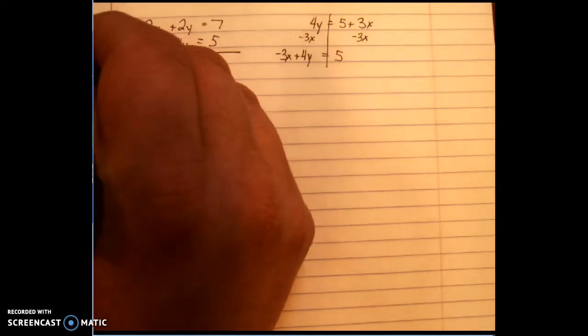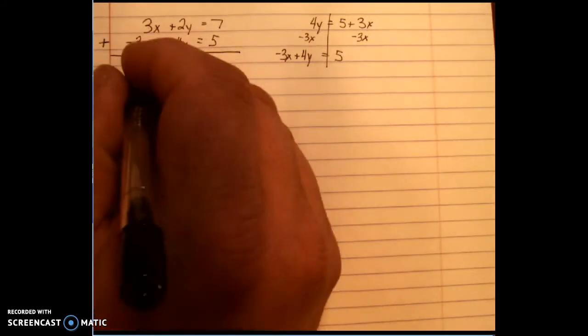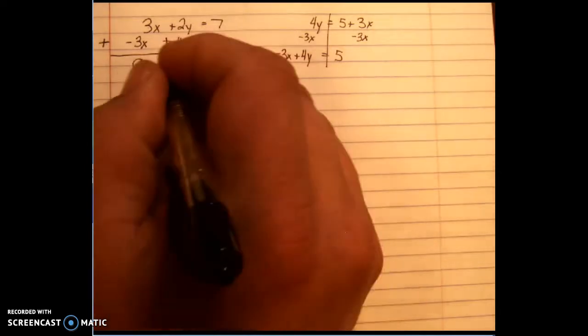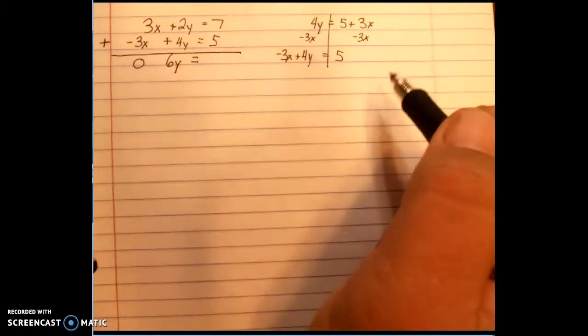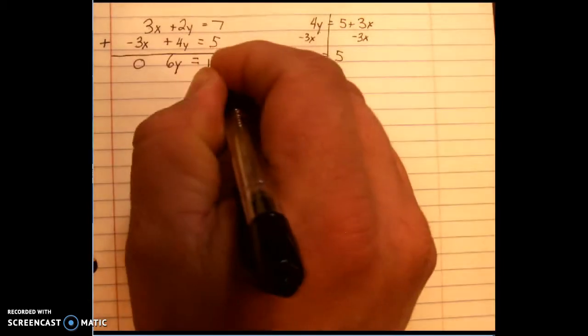I'm going to add this time. 3x plus negative 3x is 0. 2y plus 4y is 6y. The equal sign comes right along. The 7 plus the 5 is 12.